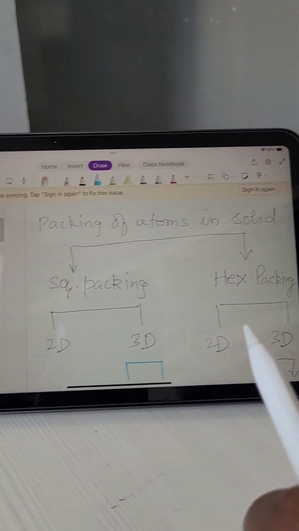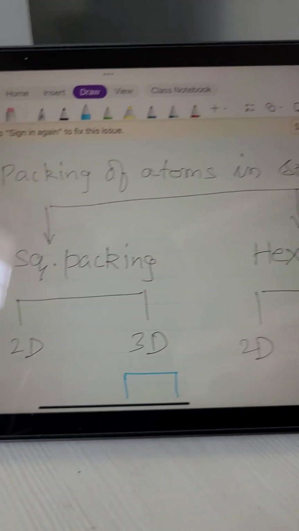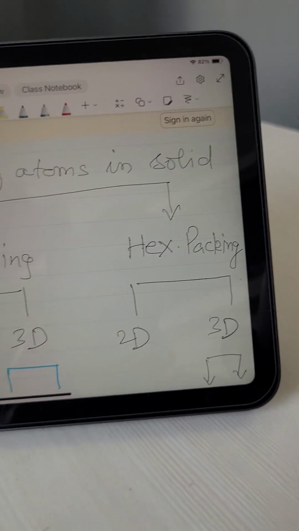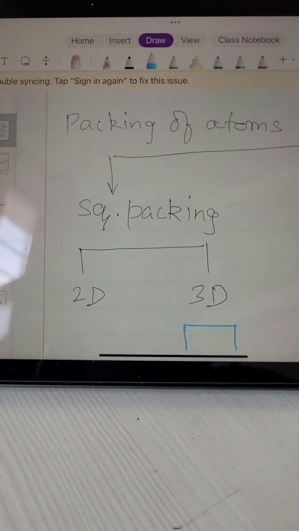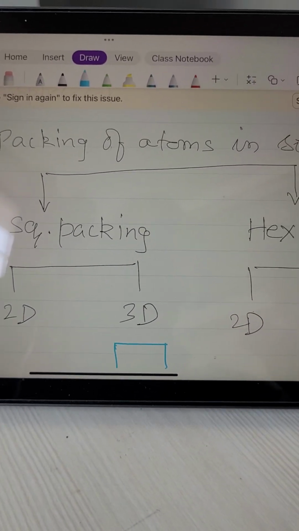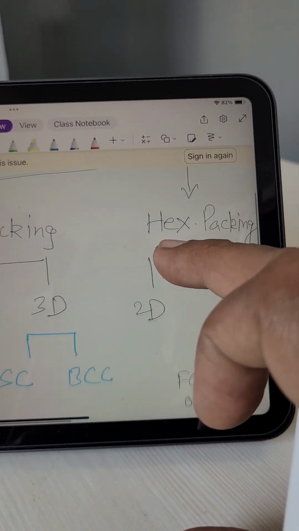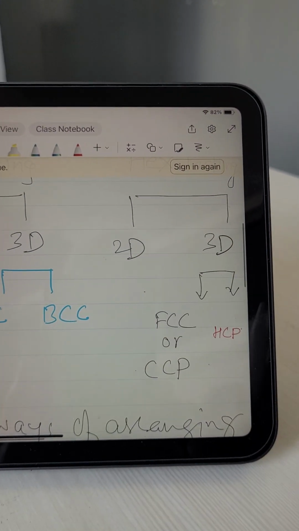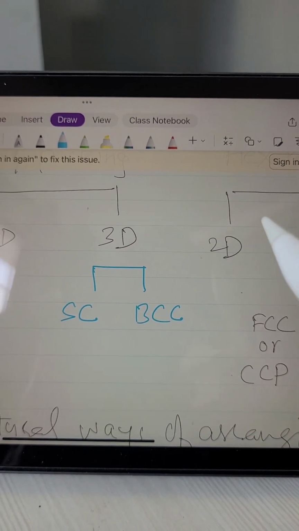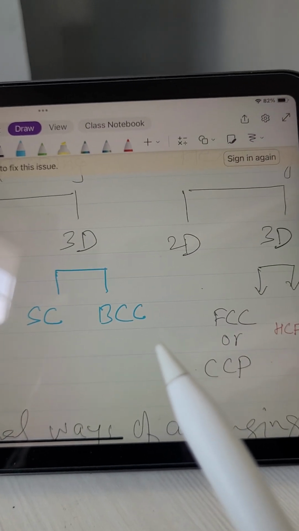Then square packing can be divided into 2 parts, 2D and 3D. Similarly, hexagonal packing can be divided into 2D and 3D. In 2D there is no further classification, only one type of unit cell. In 3D, square could be simple cubic or body centered cubic.